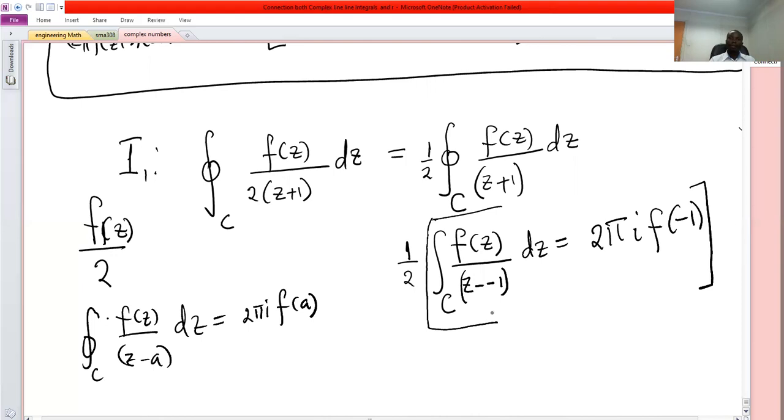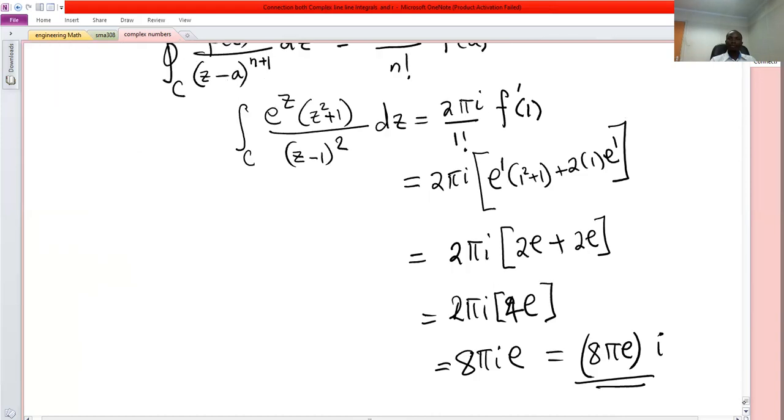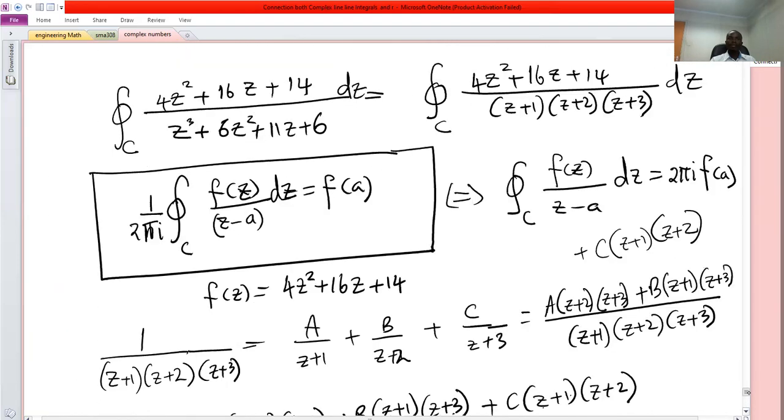So I'll have now a half times 2 pi i, then the value of the function. Remember, from the equation, our f of z is given by 4z squared plus 16z plus 14.